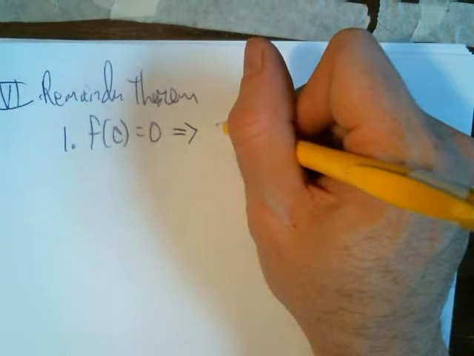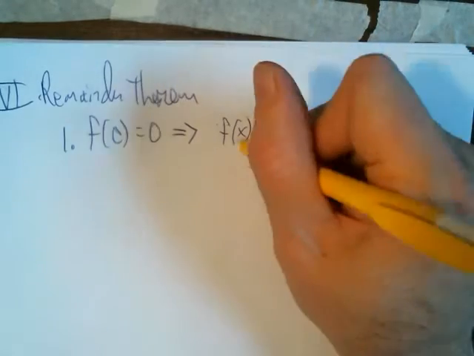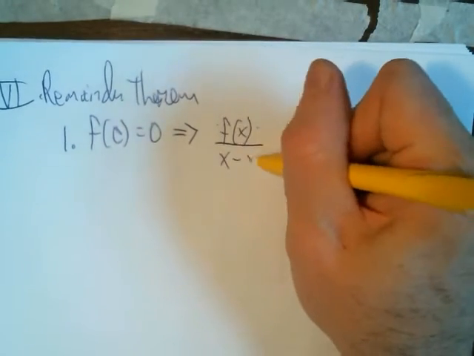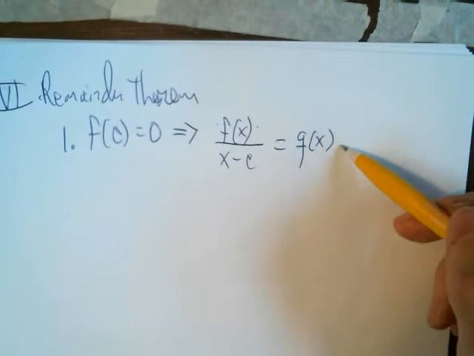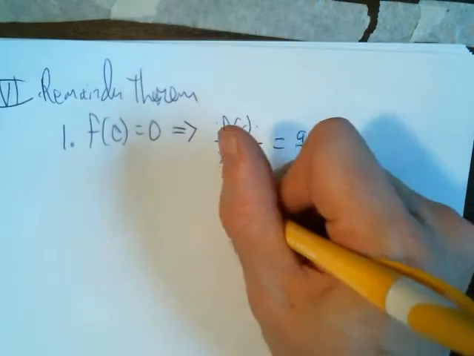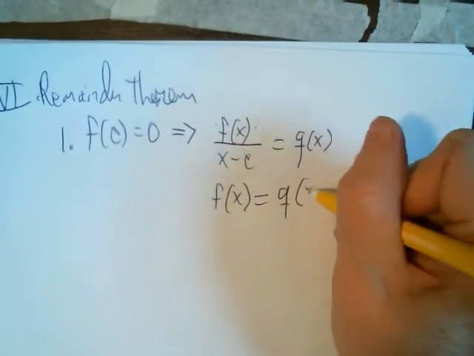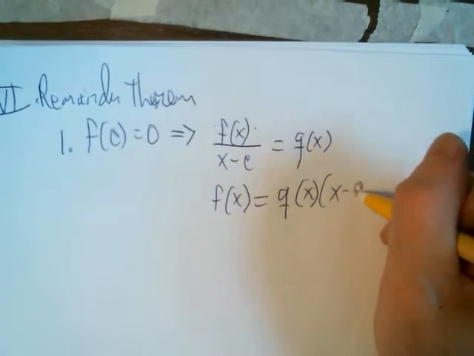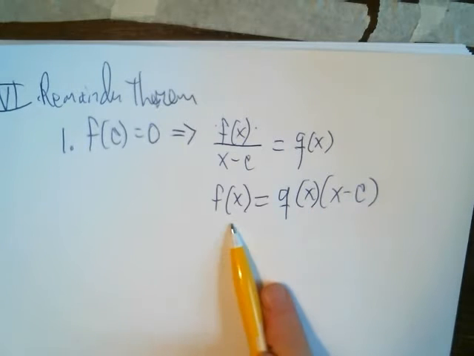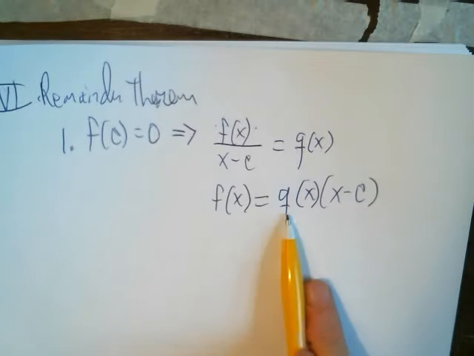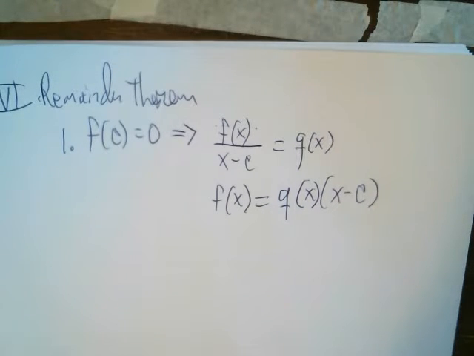So your formula from above will have f of x over x minus c equals q of x, because f of c would be 0, so it would be plus 0. And then you can multiply both sides by x minus c, and you get f of x equals q of x times x minus c. Okay? So if you get even division, you can factor the function into a product of some q of x times this x minus c part.